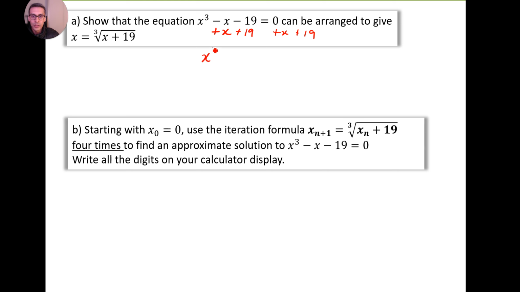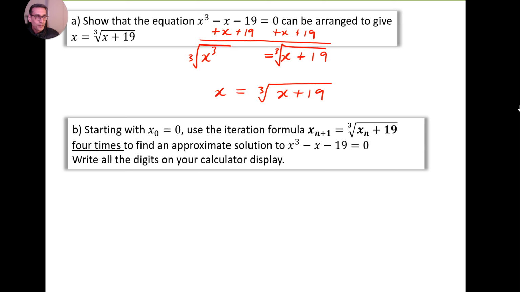So I get x cubed is equal to x plus 19. And then I'm going to cube root both sides. And that's my answer. So x equals cube root of x plus 19.